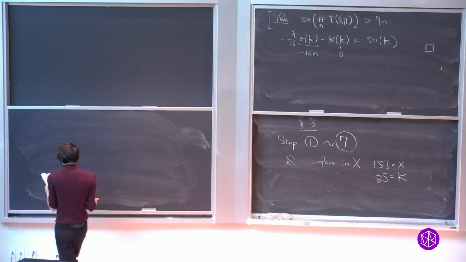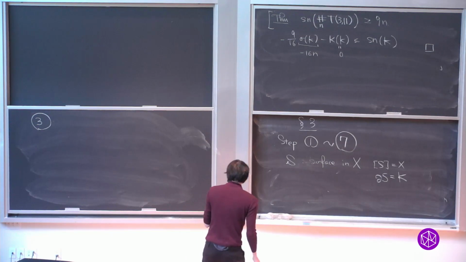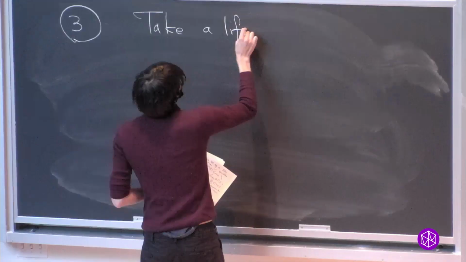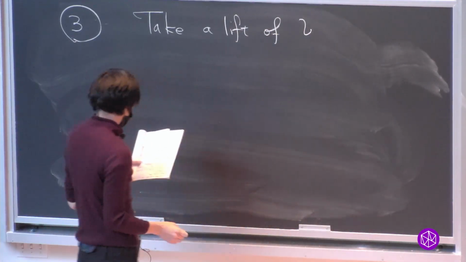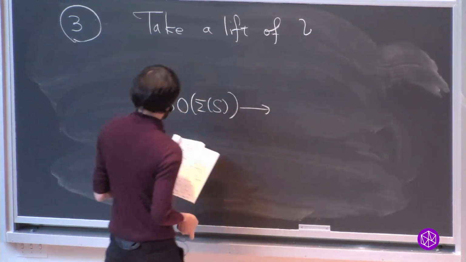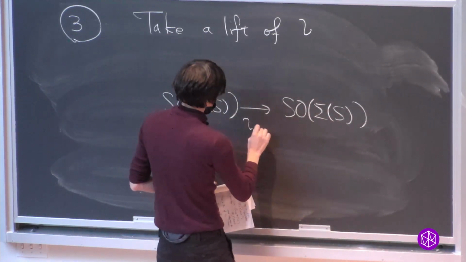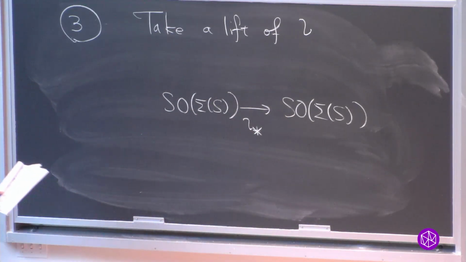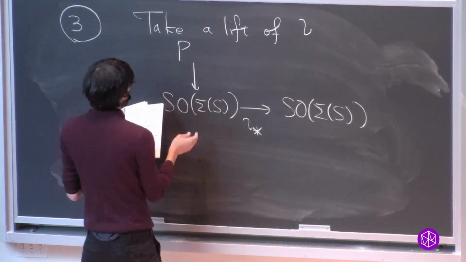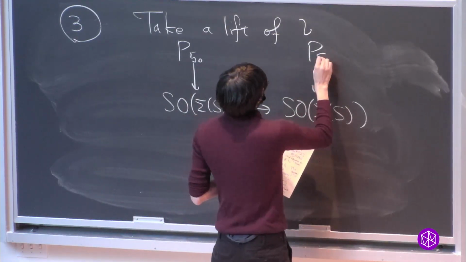Okay, so next, in the third step, we take a lift of iota. Iota induces a map on the framed bundle. So this is the induced map from covering transformations. And the spin structure is a map from the principal spin 4 bundle to the framed bundle.